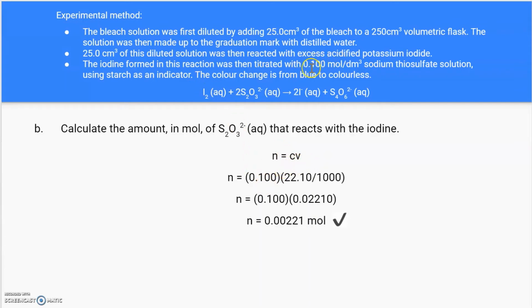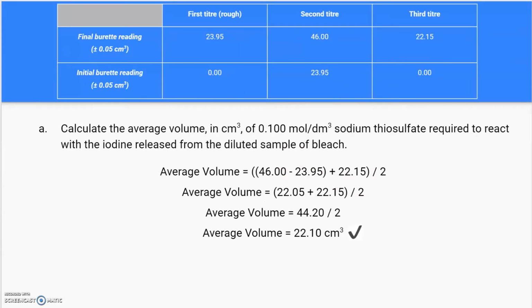We have that concentration of thiosulfate and it's already in standard units, moles per decimeter cubed, so we can just go ahead and put that 0.1 in the C variable of the equation. We also have that volume of thiosulfate, which we obtained in the previous section of the exercise, that average volume required. That is going to be our volume value.